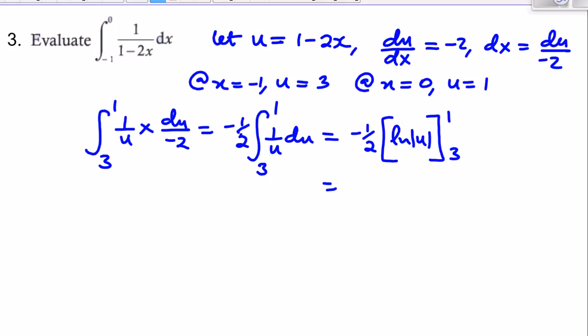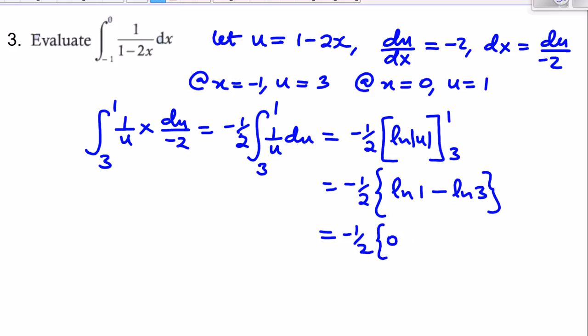Okay, now we need to plug in 1 and 3, so that will be negative a half ln 1. Now ln absolute 1 is just the same as ln 1, so ln 1 minus ln 3, which will be negative a half into 0 minus ln 3, which will give us a half ln 3.